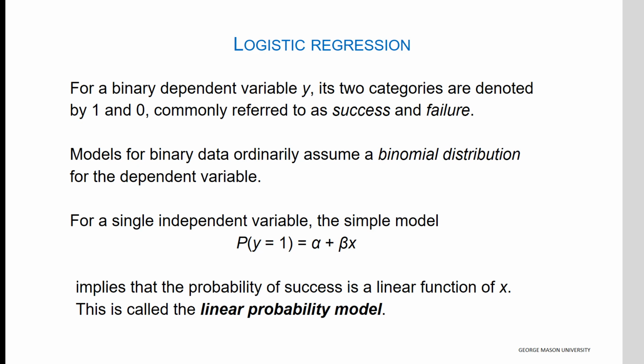For a single independent variable, the simple model will be the probability that y assumes the value of 1 equals a plus bx, or alpha plus beta x, which implies that the probability of success is a linear function of x. This is called the linear probability model.